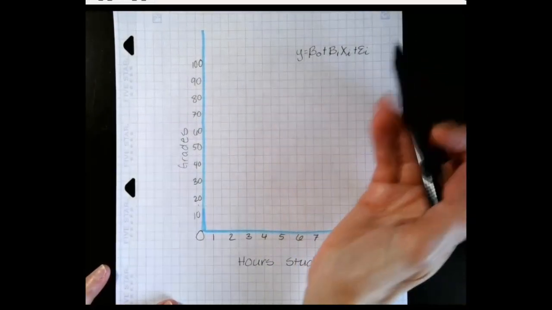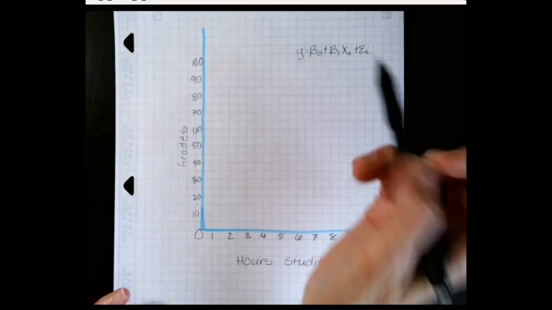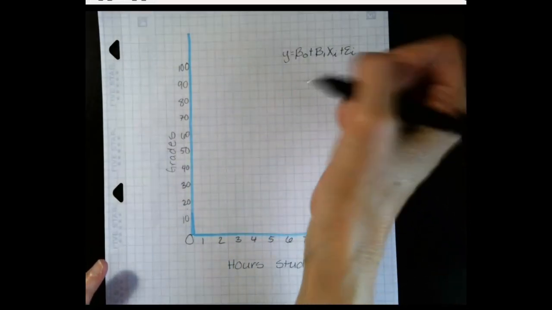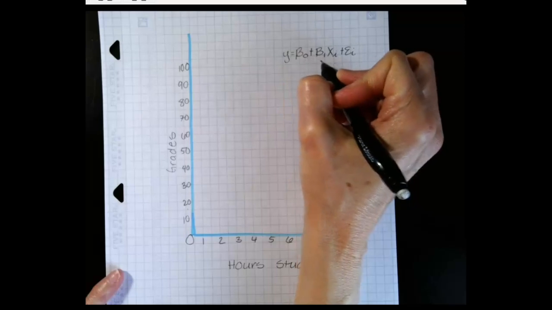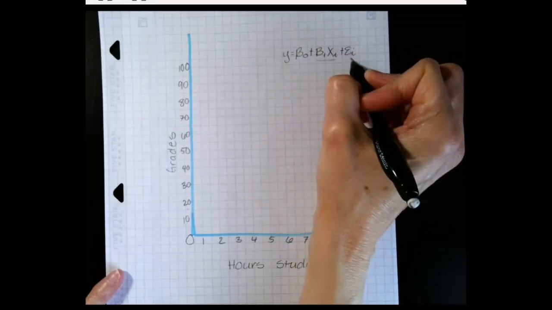So first, just as a reminder, this is what our equation looks like for simple regression. Hopefully that looks pretty familiar to you by this point. As a reminder, this is your intercept, and then this is our slope and our independent variable and our error term.